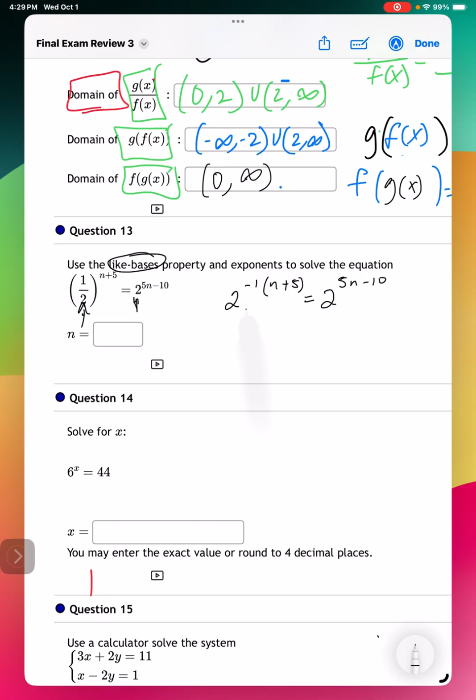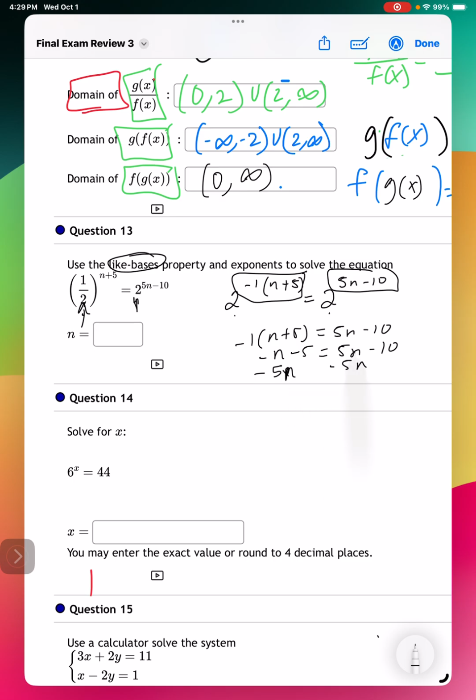Now we have like bases. So whenever you have a like base equal to another like base, you can set their exponents equal to each other and solve. -1 times n plus 5 equals 5n minus 10, and solve. -n minus 5 equals 5n minus 10. It doesn't really matter which way you move as long as you are being consistent.